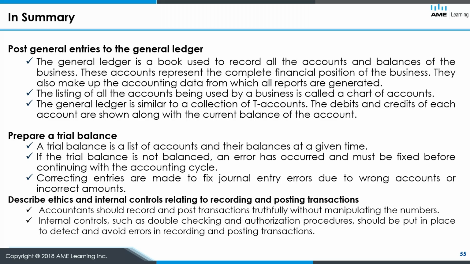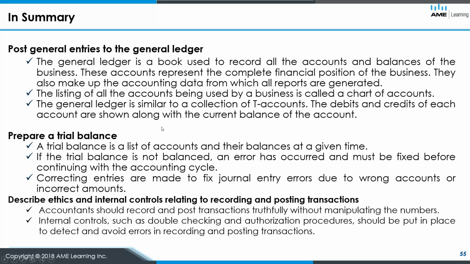So if we add cash and revenue together in a journal entry, then we go to the general ledger and record the cash effect in the cash section of the ledger and the revenue effect in the revenue section of the ledger. And again, practice is going to help us understand exactly how to do that.